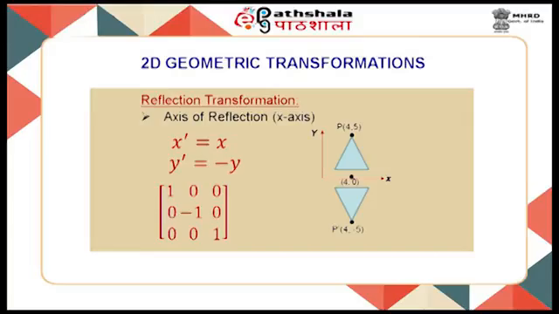So, what is the pivot point about which, if you rotate by 180 degrees, you get the reflected position? Here this point (4, 0) happens to be the pivot point. The 4 has come from the x coordinate of the point, and 0 is because it is on the reflection axis where the y coordinate is 0.